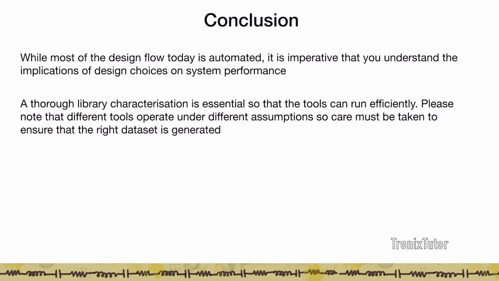So to conclude, while most of the design flow is automated, having some sense of how standard cells are made and how they are characterized gives you an idea as to what kind of design choices you might need to make for a given system performance. And for ease of design, or rather to reduce the delay in design, it is very imperative that you have a thorough characterization of the library.